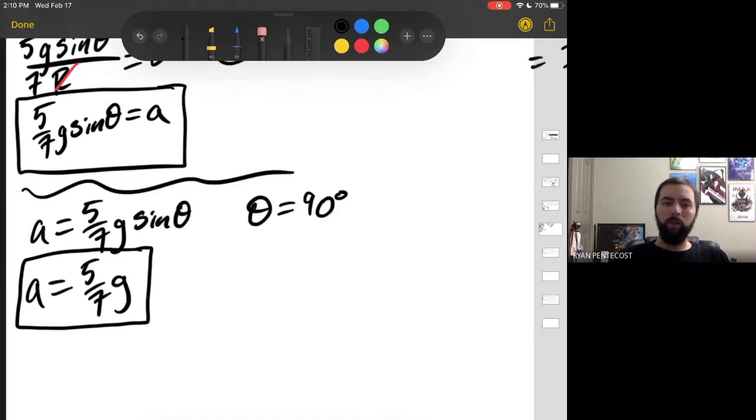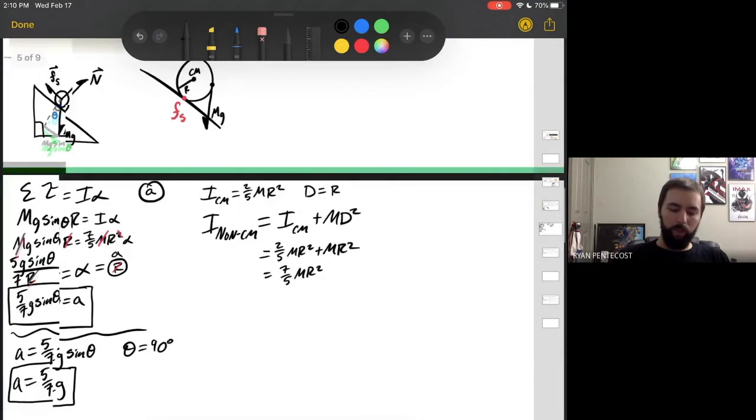So instead of g, you get 5/7 g if you have to roll down the 90-degree plane. Even though it's straight down, the fact that you are rolling means that you're going to accelerate slower than if you were free falling, which is bizarre, but really cool.